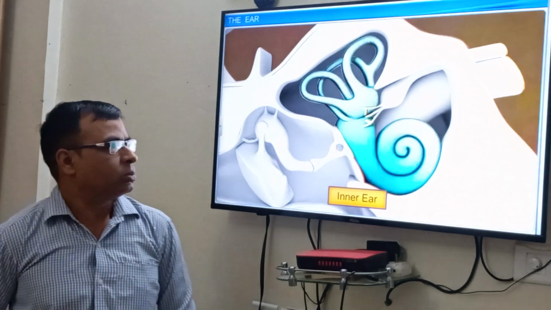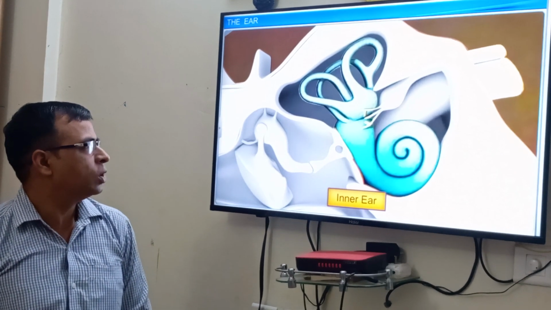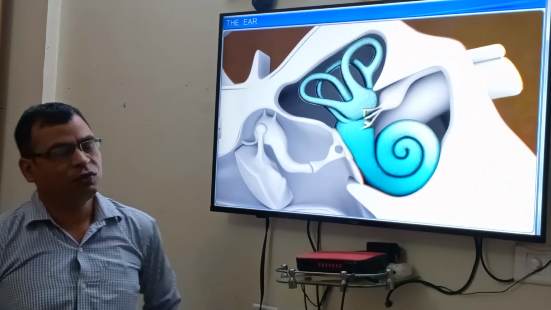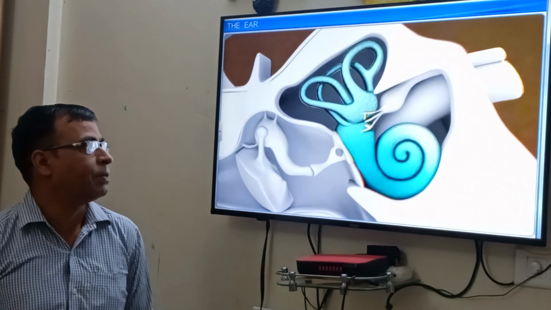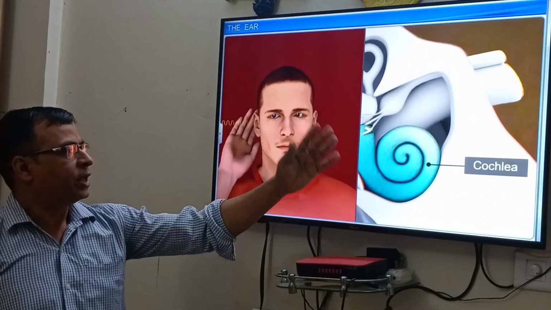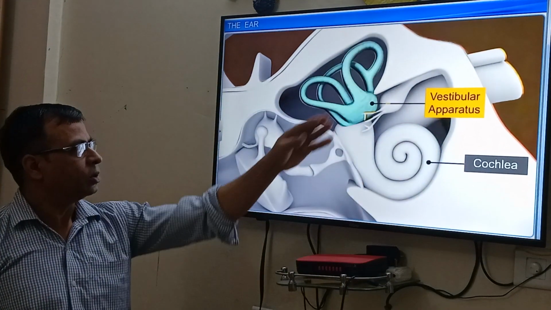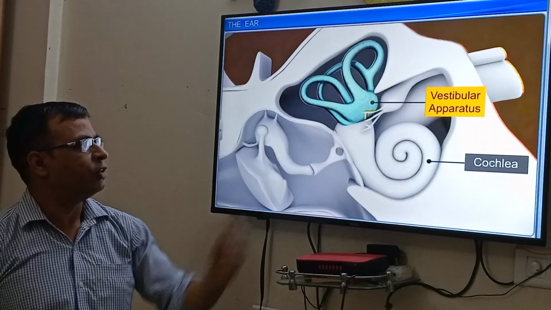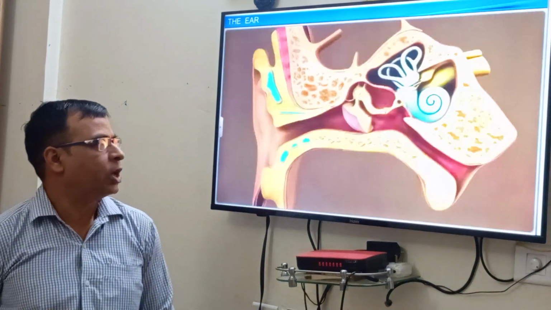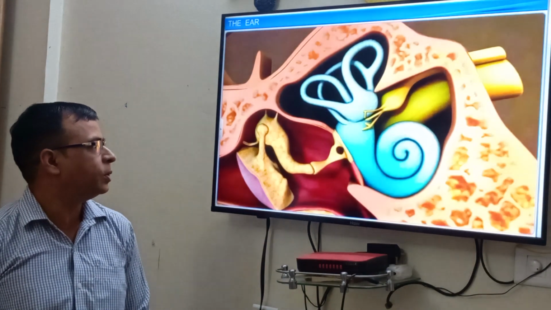This is the eustachian tube, and this is the inner ear. The fluid-filled inner ear is called the labyrinth. The labyrinth has two parts: the cochlea for hearing, and the second one is the vestibular apparatus for maintenance of balance and posture.